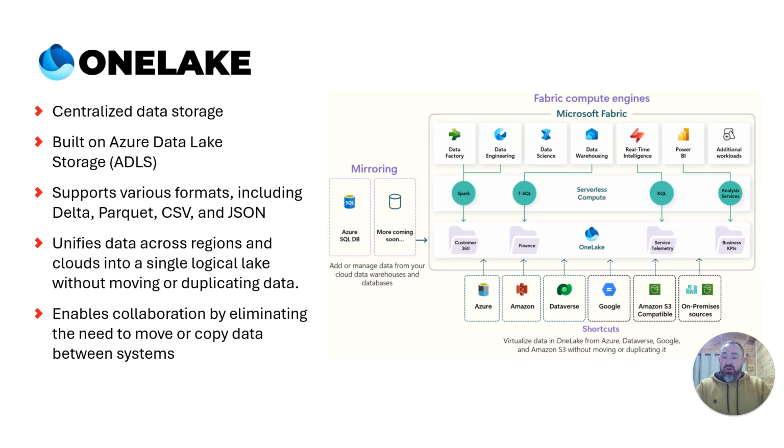So we've got Delta, Parquet, CSV, and JSON. And it unifies data across all regions and clouds into the one single logical lake without moving or duplicating data. We enable that collaboration by eliminating the need to copy or move data between systems, so everyone knows exactly where everything is.